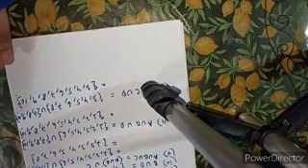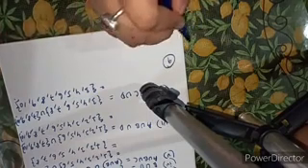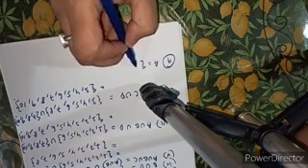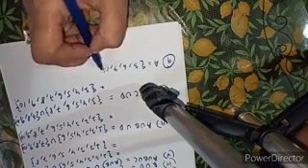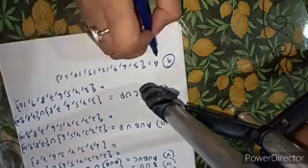Okay. Next, let me take some questions. Some are easy, so a little bit tricky type questions I'm going to take. Okay. Suppose let me take question number 9. In 9, you have inside this set A, you have 3, 6, 9, 12, 15, 18 and 21. Okay.